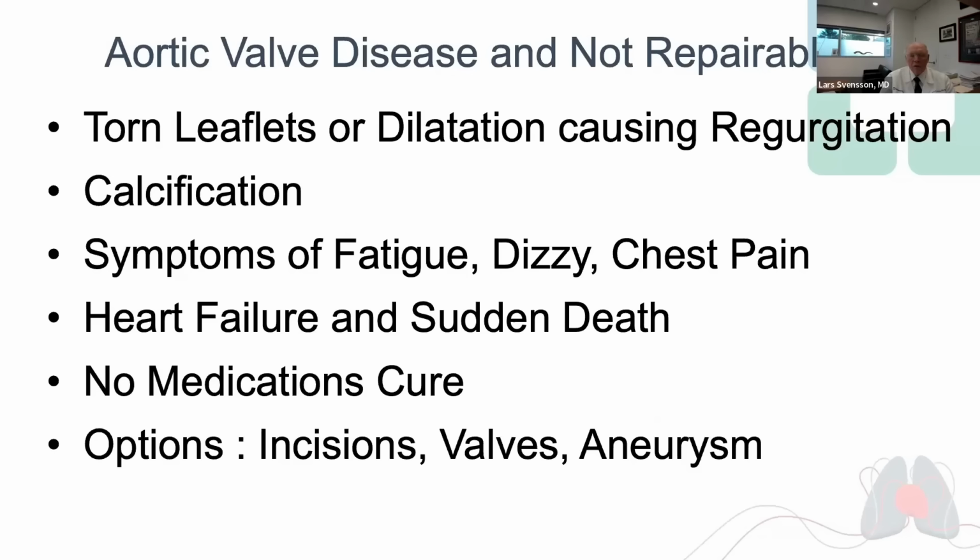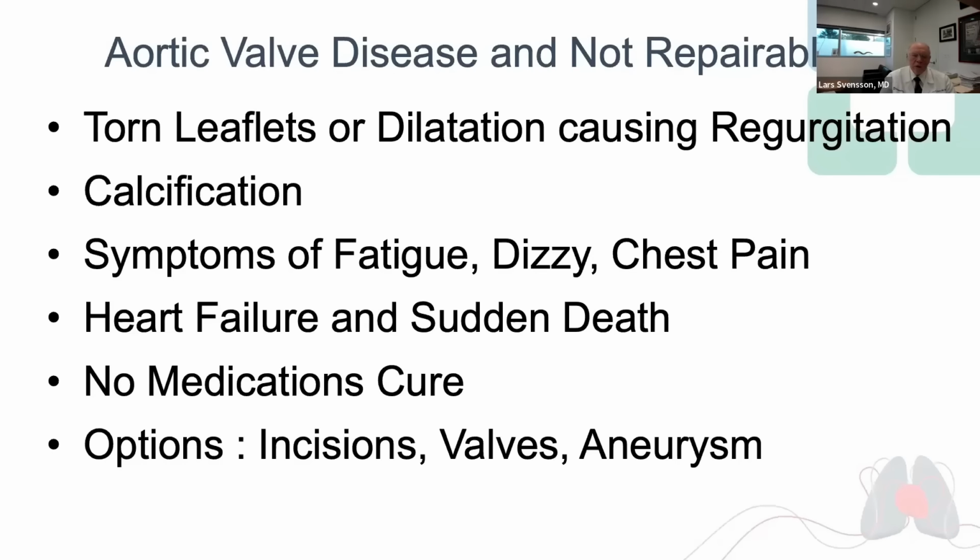The usual presenting symptoms are fatigue, dizziness, occasionally chest pain, but leaking valves typically take longer to present with symptoms as opposed to the narrowed down valves, aortic valve stenosis. And if it's not treated, regurgitant valves, leaking valves, cause heart failure.